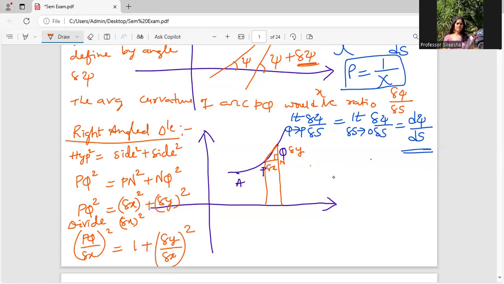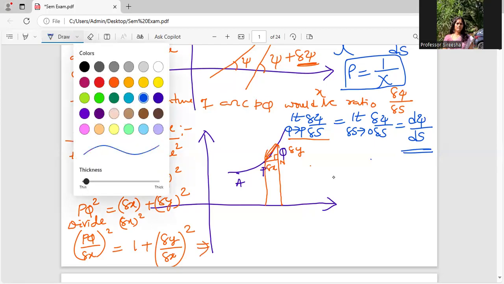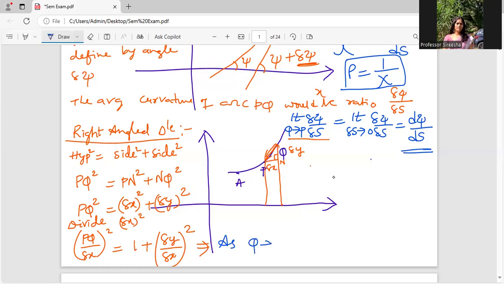Now, the same concept again: as Q moves to P, what happens? This difference, delta x, whatever is there, vanishes off. So as Q moves to P, delta x tends to zero.